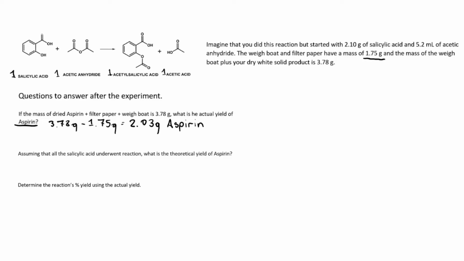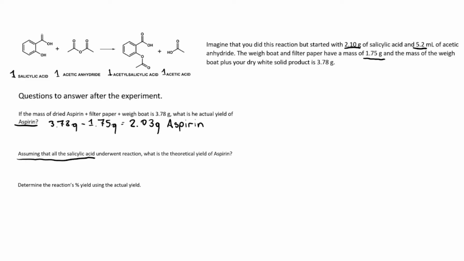Now, second part, assuming that all the salicylic acid underwent reaction, what is the theoretical yield of aspirin? So what we need to do is we can look here and say, okay, all of this salicylic acid reacted, and we don't need to know which one's a limiting reagent because we're assuming that all the salicylic acid went under reaction.